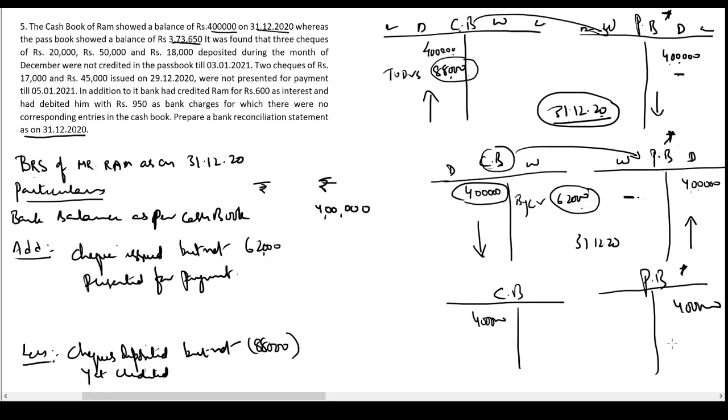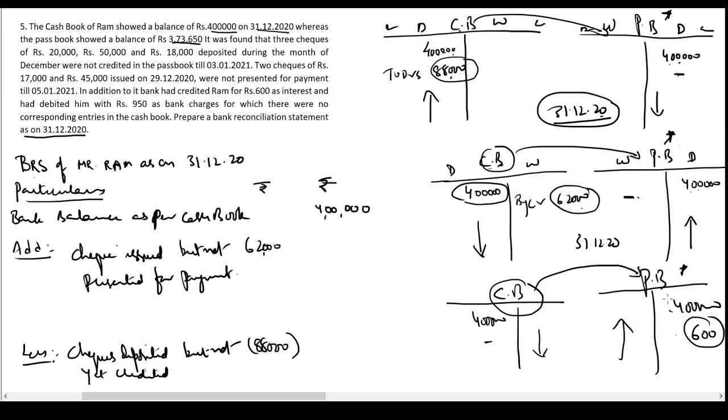Bank had credited a sum of rupees 600 as interest to Ram in his passbook, but there was no corresponding entry in the cash book, so there has been no corresponding debit. We had started with a favorable balance. Credit side, another credit. Balance is bound to increase. This balance is relatively less. So what should I do to the cash book to make it equal to the passbook?